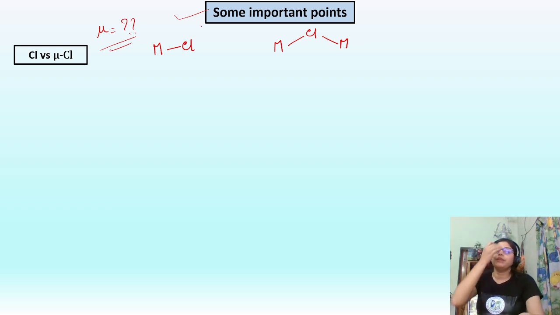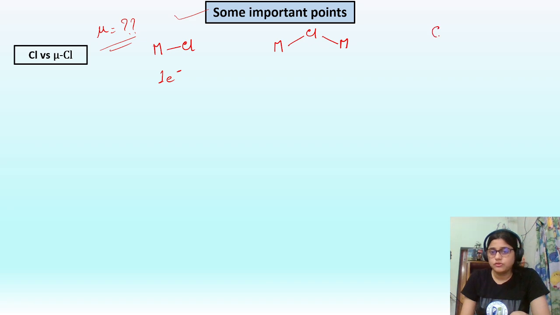So what will be the contribution in that case? So we know Cl is a negatively charged ligand. It has negative charge, so contribution will be 1.